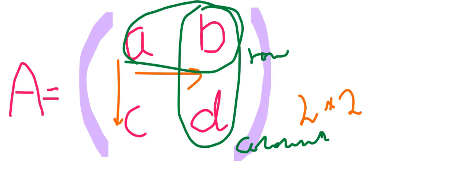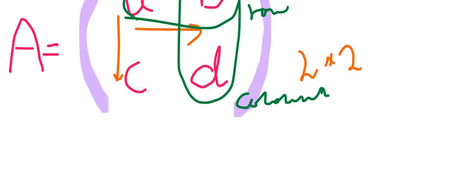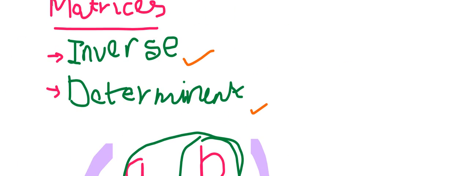Now let's move forward and look at another type of matrix which is different from this. Let's suppose it's a matrix like this.